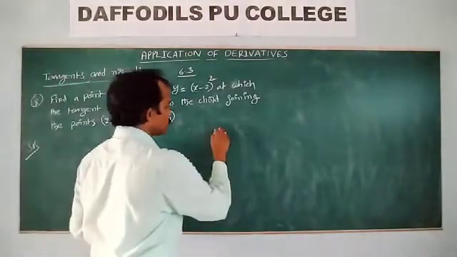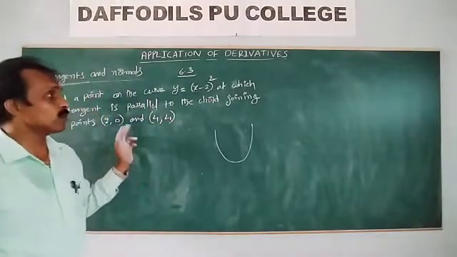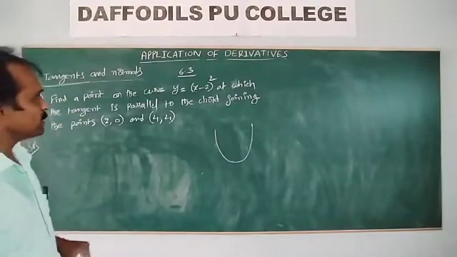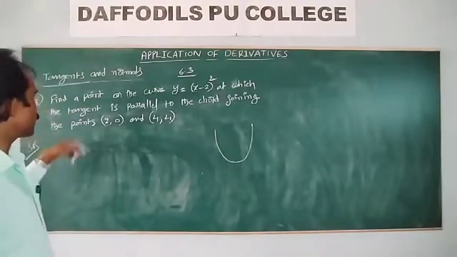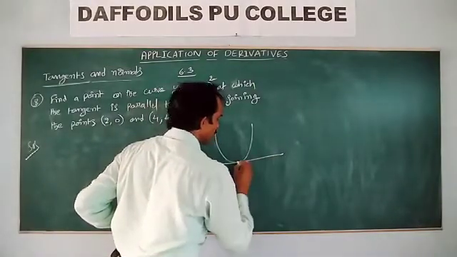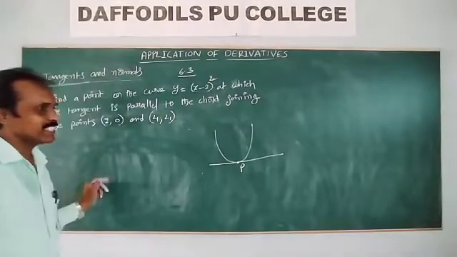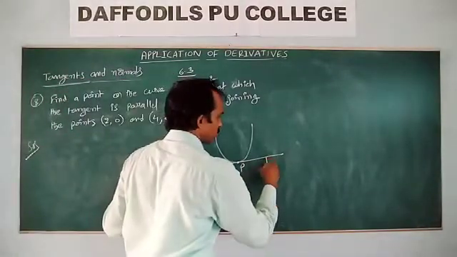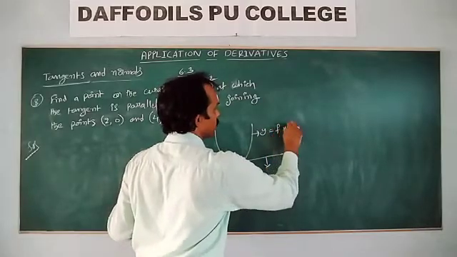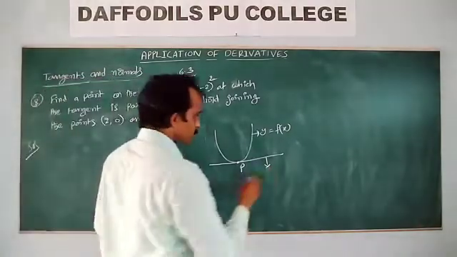Suppose this is the curve, y is equal to (x minus 2) whole square. Find a point on the curve at which the tangent, suppose this is the tangent at this point. This is the curve, y is equal to f of x, nothing but (x minus 2) whole square.